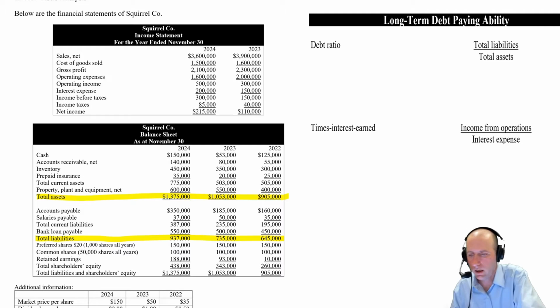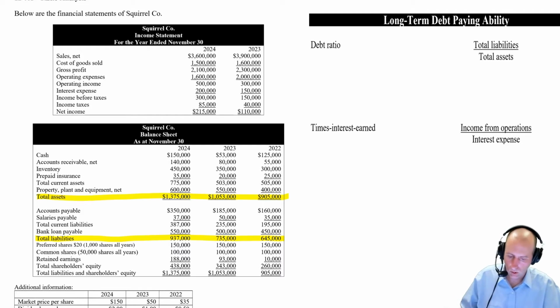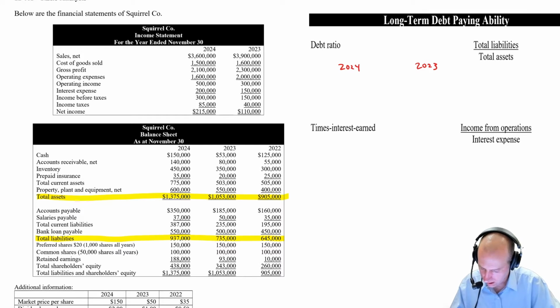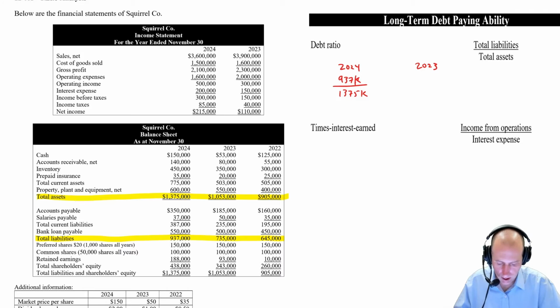So for 2024 and 2023, our total liabilities is 937. Our total assets 1375. For 2023, our total liabilities 735, and our total assets 1053. We'll compute these numbers.